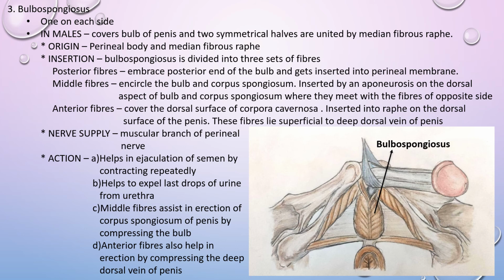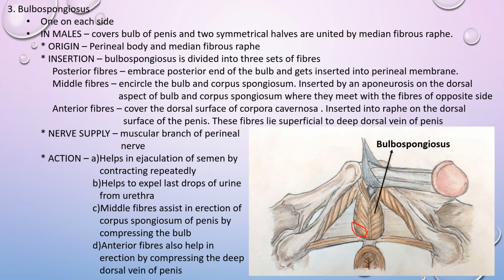Origin. This muscle originates from the perineal body and median fibrous raphe. Insertion. The muscle bulbospongiosus is divided into three sets of fibers: posterior, middle, and anterior fibers. The posterior fibers embrace the posterior end of the bulb and get inserted into the perineal membrane.